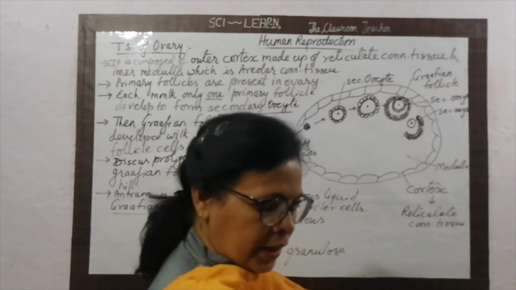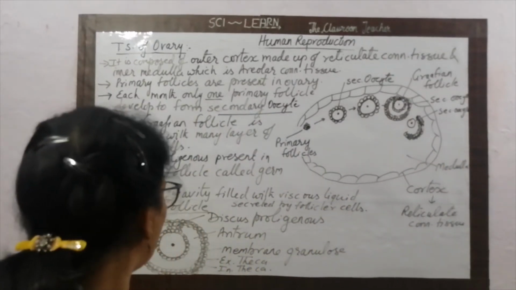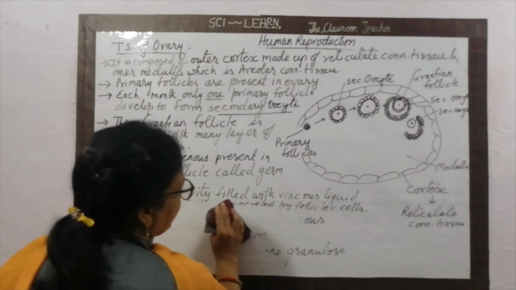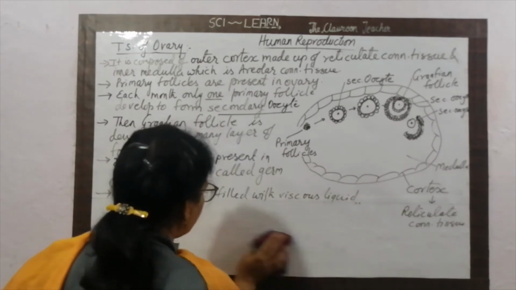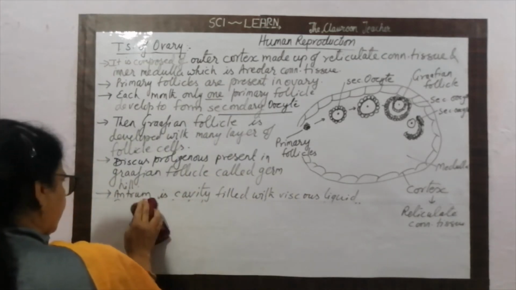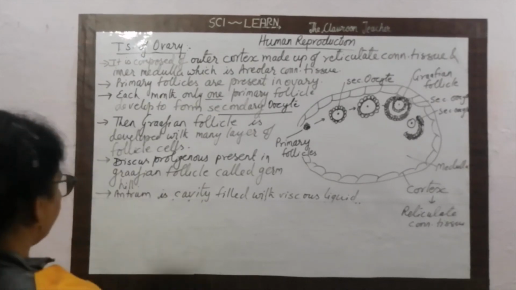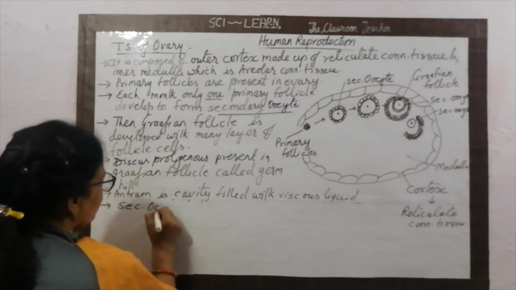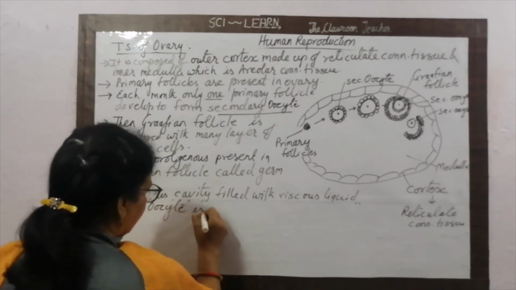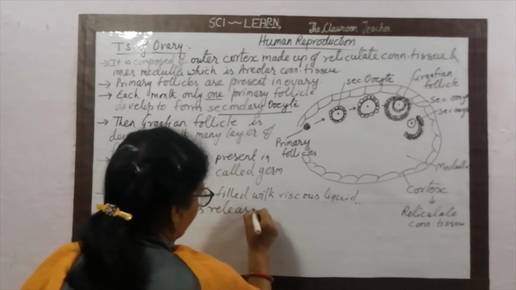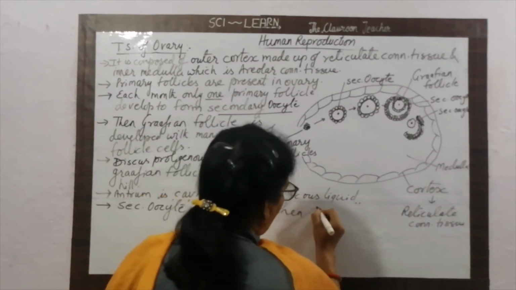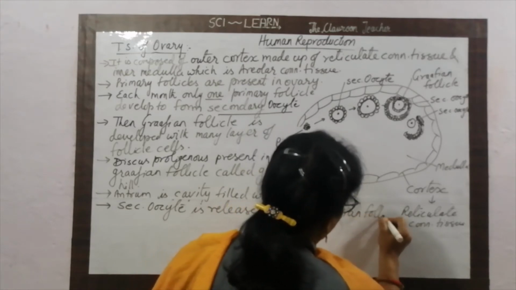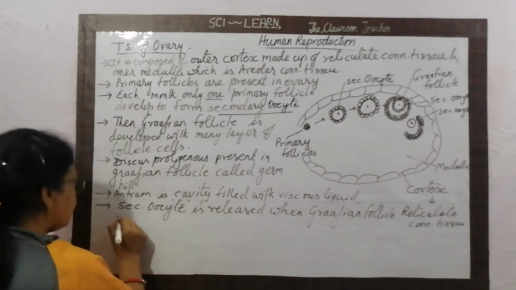So the secondary oocyte is released when the Graafian follicle is ruptured.